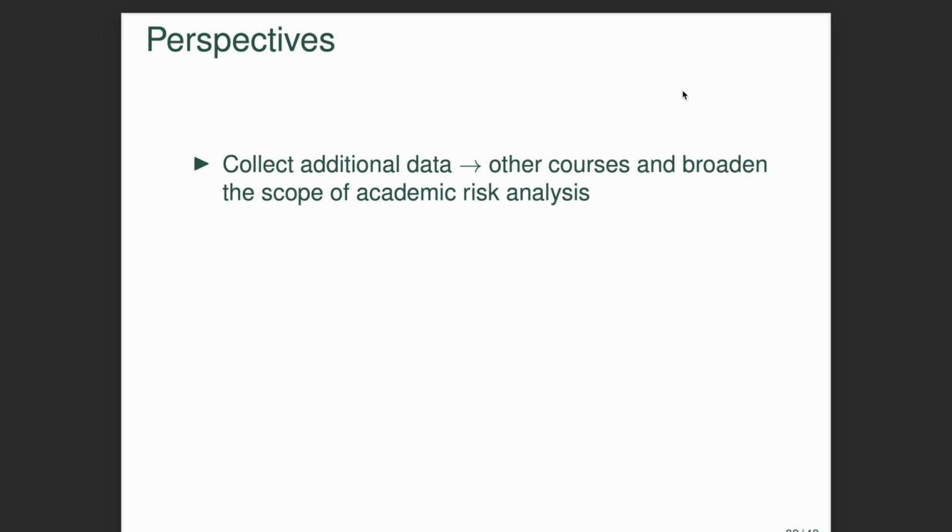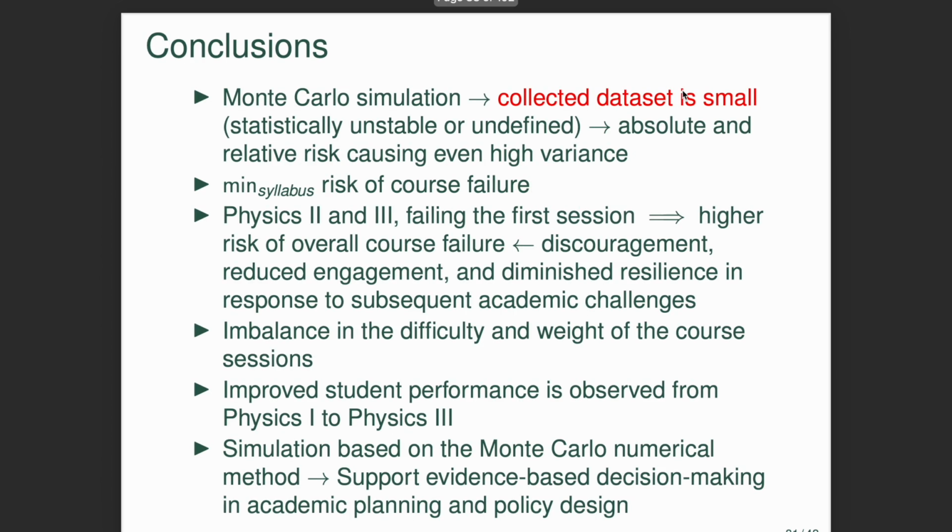We also observe consistent improvement in student performance in Physics 1 and 3, reflected in the higher average grades and lower absolute risks in the later courses. This trend may result from students gradually adapting to academic expectations or developing stronger study habits and disciplinary knowledge over time.